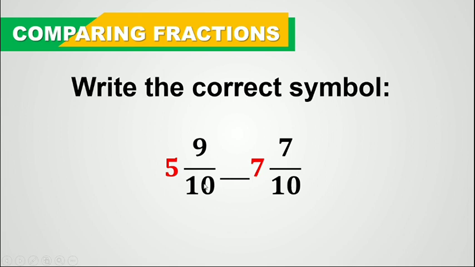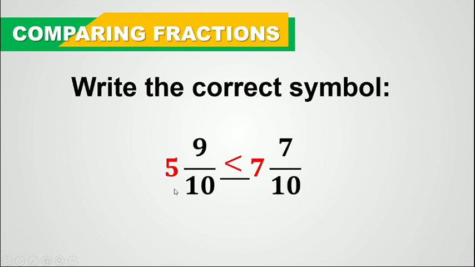Although in this mixed number the fraction is greater, you look at the whole number. 7, right? So 5 and 9/10 is lesser than 7 and 7/10, because the whole number is bigger.